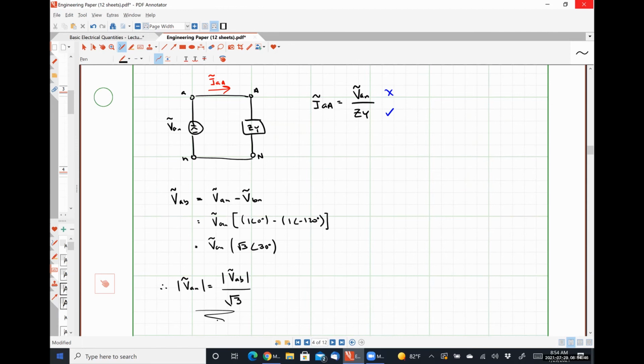The phase angle doesn't change the magnitude in any way, shape, or form, right? So this should be 208 volts RMS divided by square root of 3. I'm going to call it 120 volts RMS. It's really 120.08, but 80 millivolts doesn't mean a whole heck of a lot to us, okay?